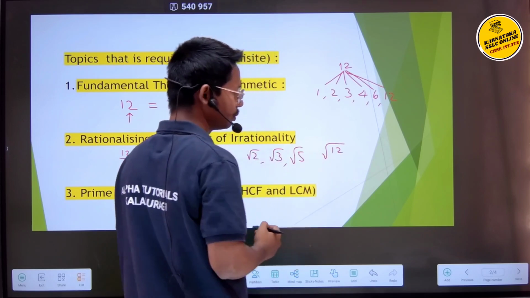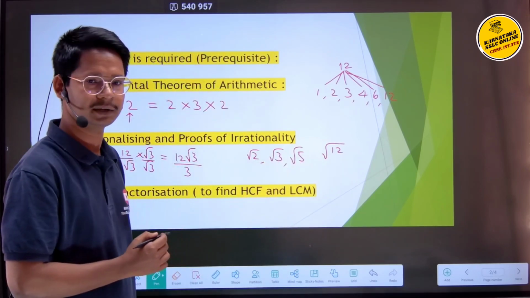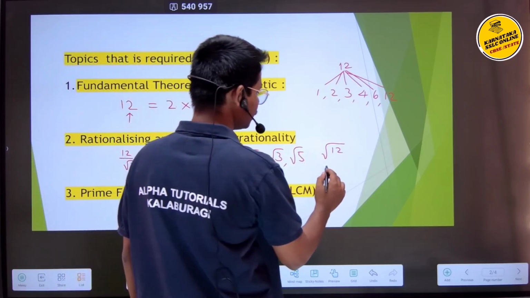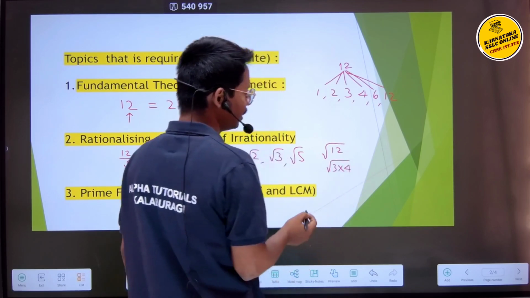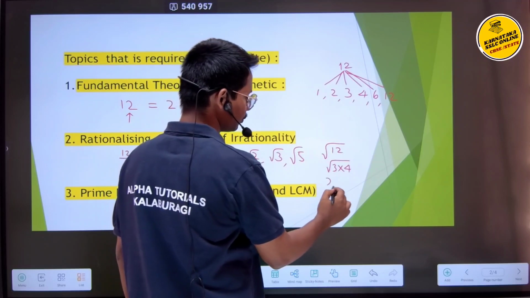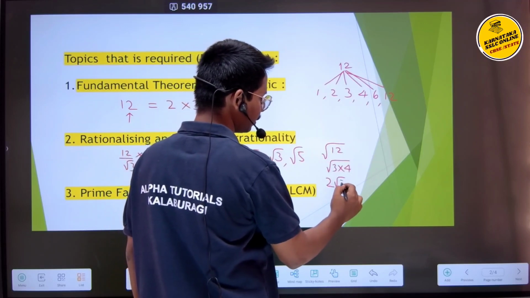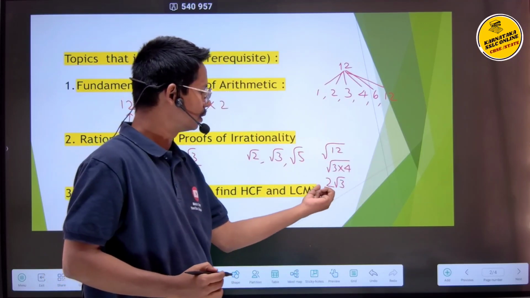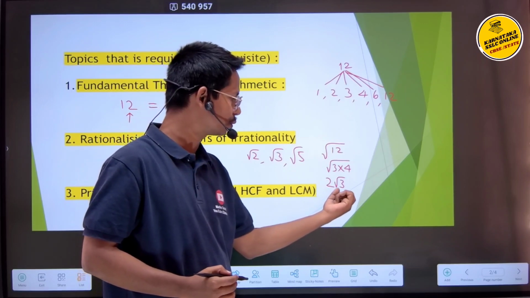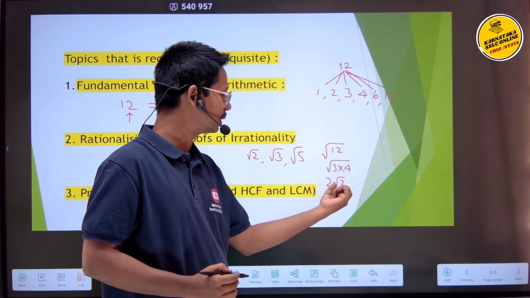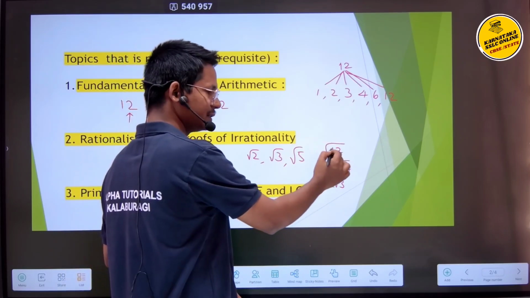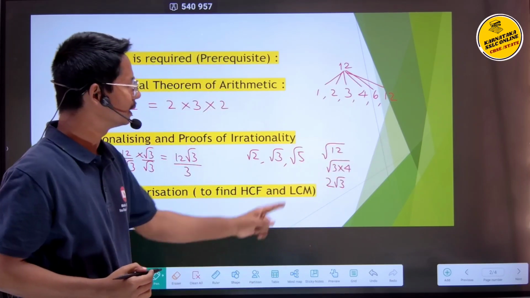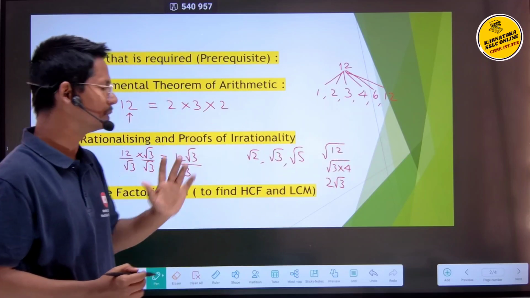So 12 has one of its factors as a prime number. So 12 you can write as 3 into 4. But root of 4 is 2 and root of 3 is root 3 only. So 2 is rational, whereas root 3 is irrational, so rational into irrational will give you again irrational. So if a number has one of its factors as a prime number, then root of that number is also going to be an irrational number.